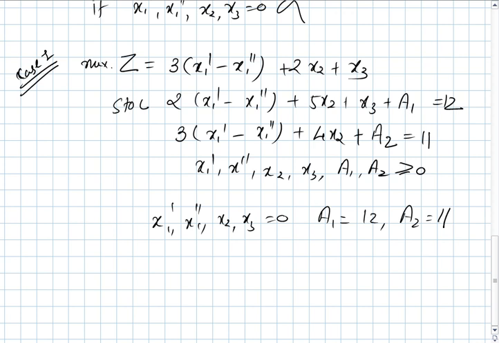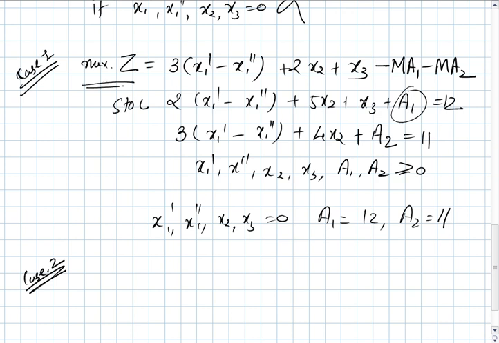Let's see a different way, that is case 2. Here there is no need to introduce an artificial variable in the first constraint, because x3 itself directly gives you the answer. Of course, the coefficient of a1 and of a2 is minus M in the constraints.